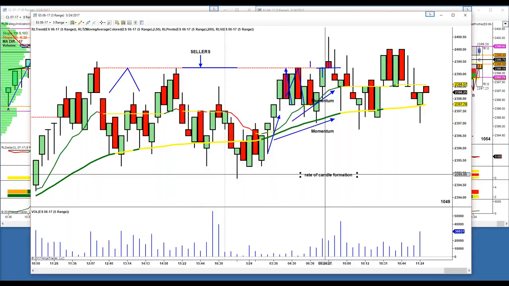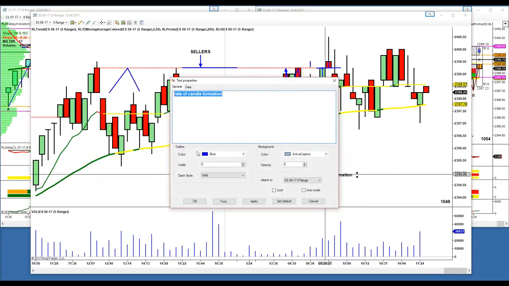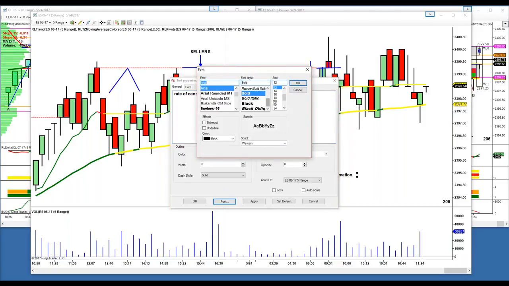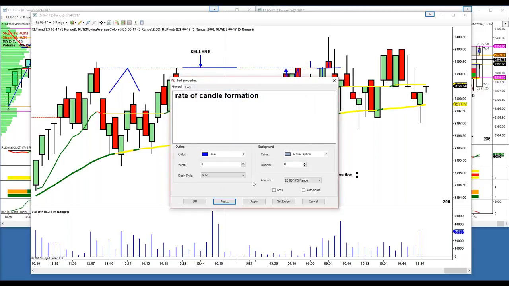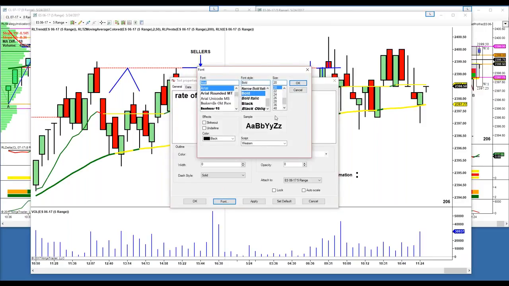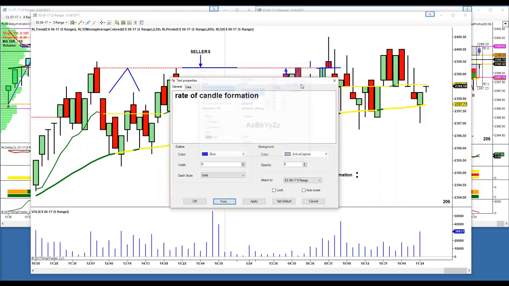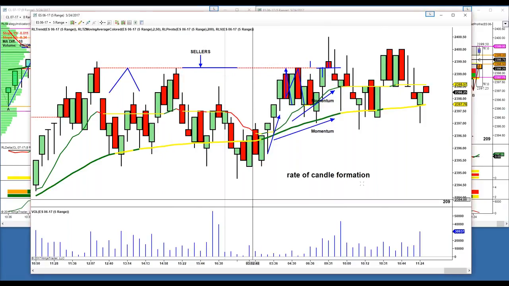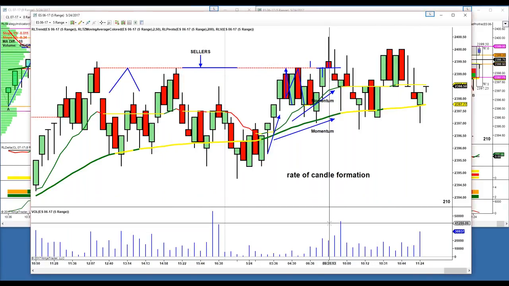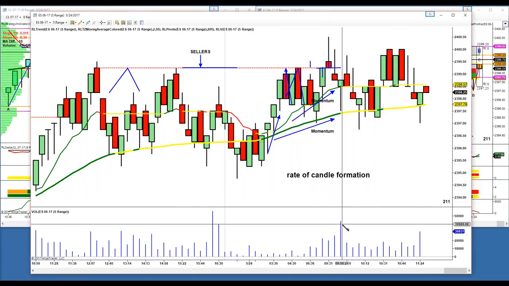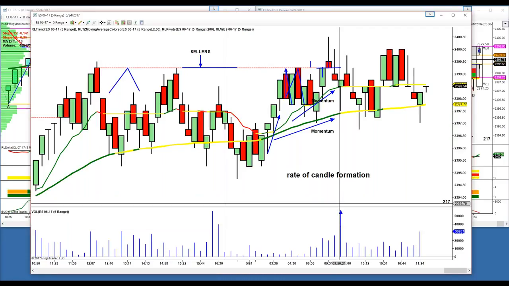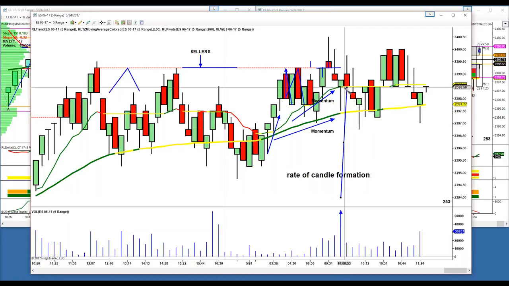So rate of candle formation has an impact. We see all the time where there's decent volume, but there's no volatility. So what happens is that we get a volume spike simply because the candle just sits there.